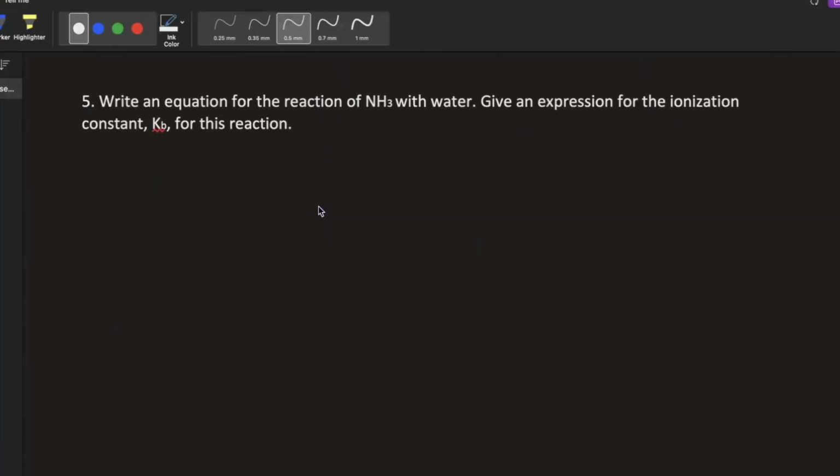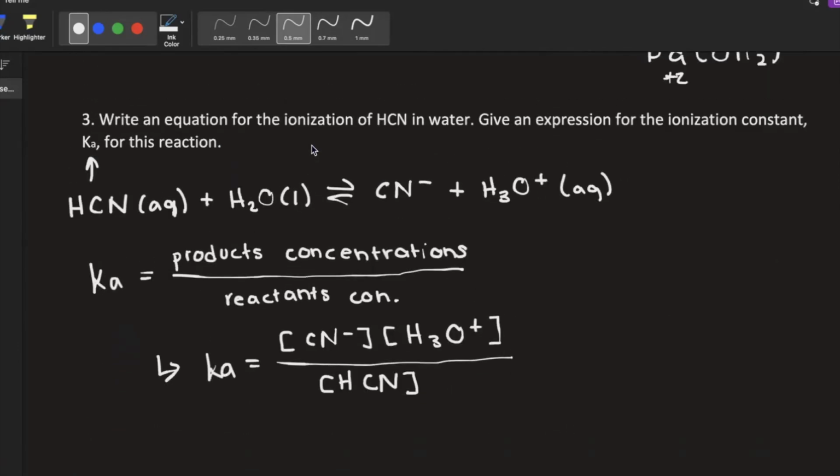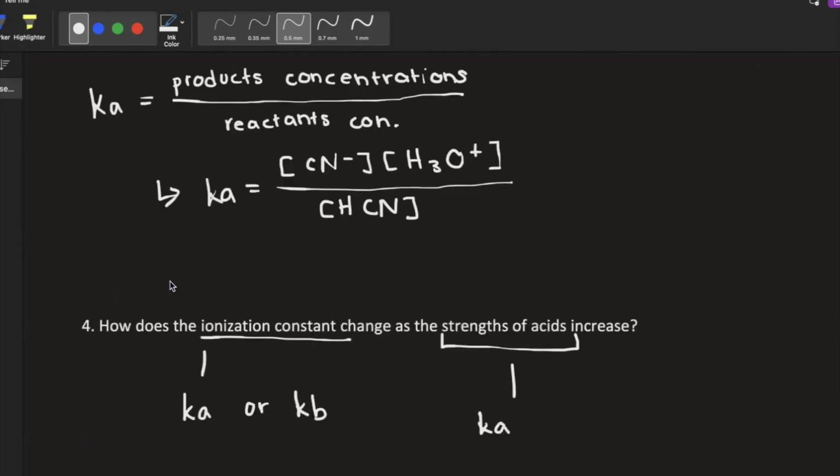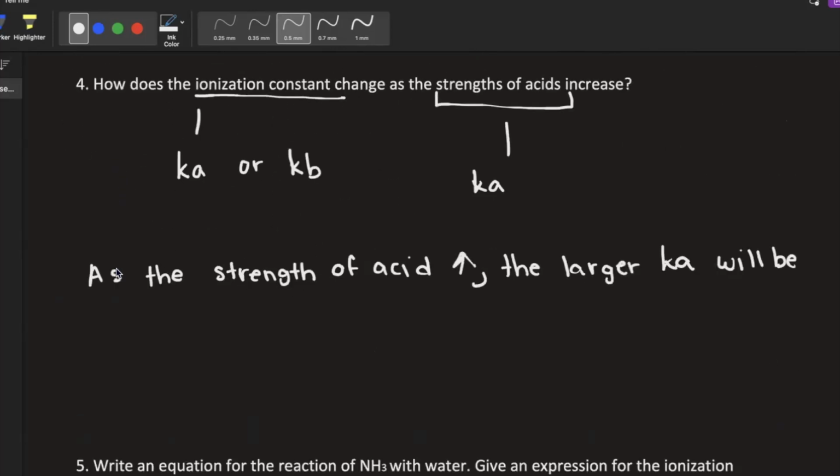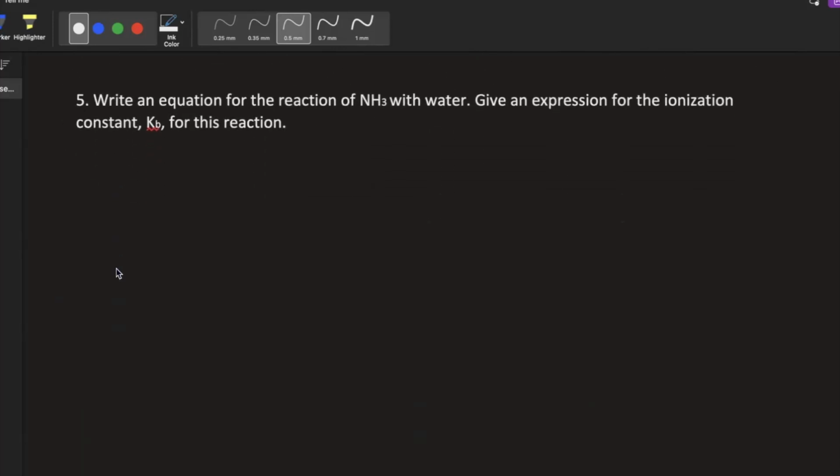Number 5, write an equation for the reaction of NH3 with water. Give an expression for the ionization constant Kb for this reaction. Now, this question is very similar to what we did up here, except instead of doing Ka, we're doing Kb. So we look at NH3. We know that this is going to be our base. We add water.